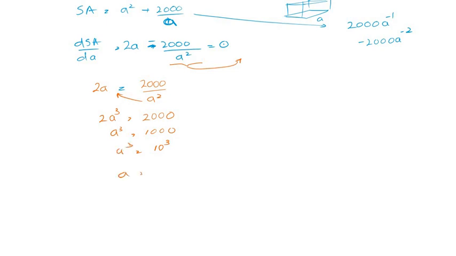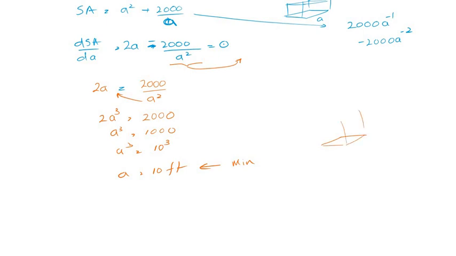So A is equal to 10 feet when the derivative of SA is equal to 0. So this is the minimum value of A to give a tank that weighs the least.